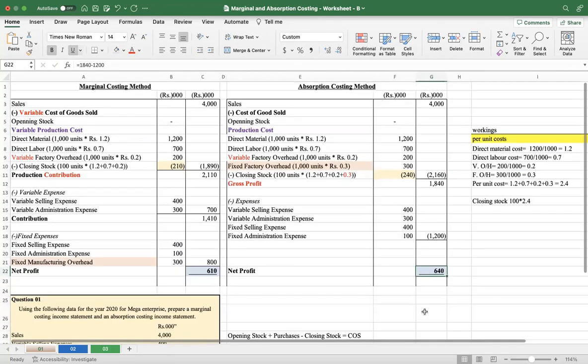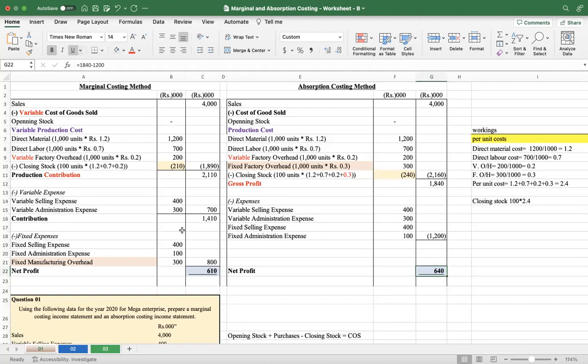That is the difference. So in marginal costing method, the net profit that we get will be lesser than the net profit that we get using absorption costing method. What is the reason for that? Because of the difference that is happening in the computation of cost of goods sold. Clear? When calculating the closing stock also, in absorption costing method, we took both variable costs and fixed cost.